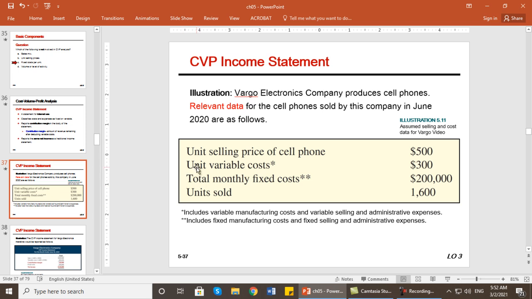So all unit variable cost is 300 from manufacturing, from selling and administrative. All fixed is 200,000 from manufacturing, from selling, from administrative.